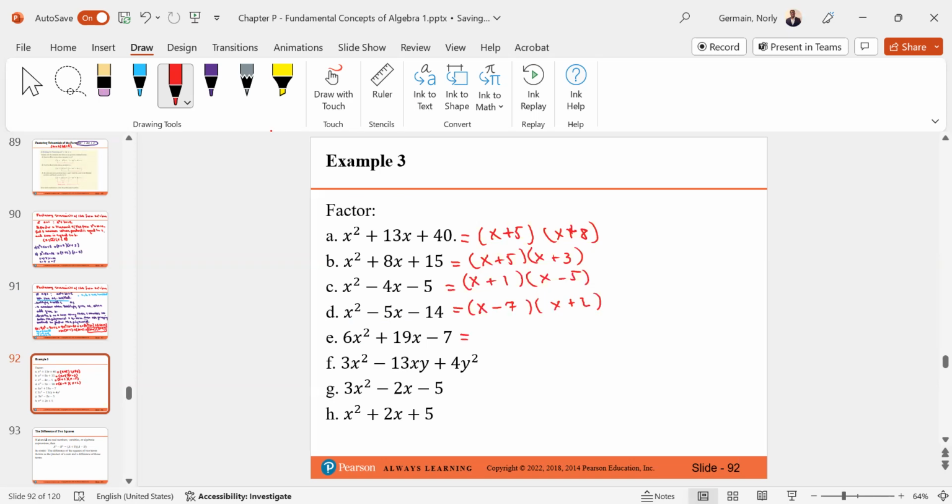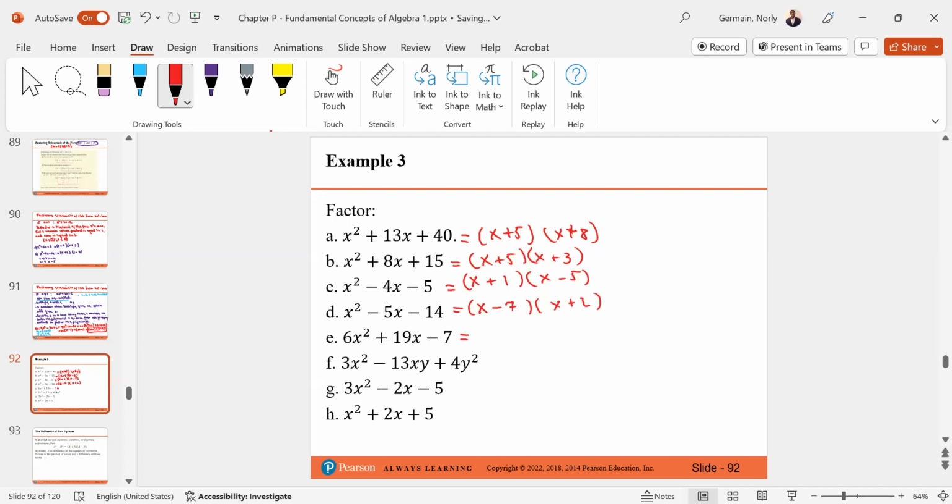Now, as you can see here, it's a little bit tricky because that one is totally different, because the coefficients are different. When the trinomial has a leading coefficient that is not 1, the technique we're using is different. So first of all, we can find two last terms whose product is equal to negative 7.